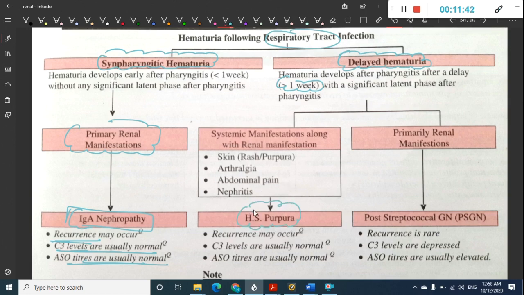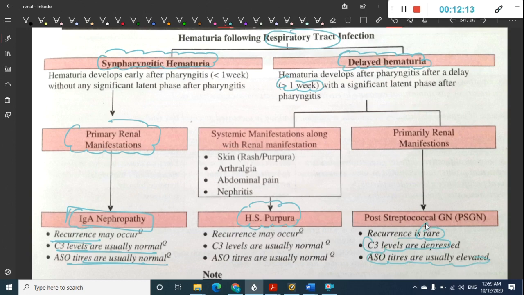In this, recurrences can occur and C3 levels and ASO titers are normal. Whereas in delayed hematuria with no systemic manifestations, only primary renal manifestations are seen. In this we see post-streptococcal glomerulonephritis, where recurrences are rare, C3 levels are depressed and ASO titers are elevated.